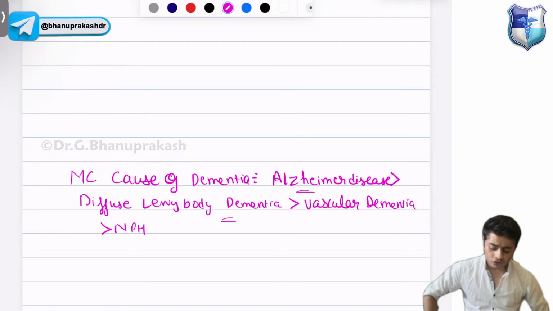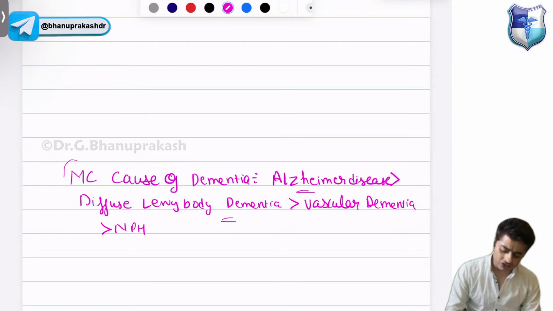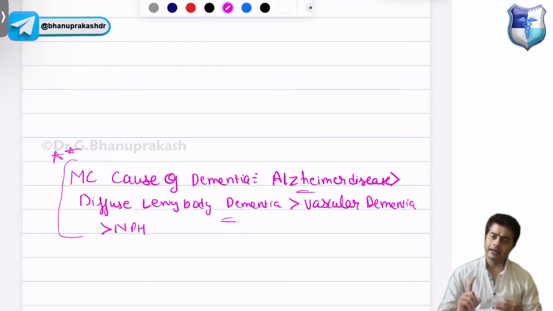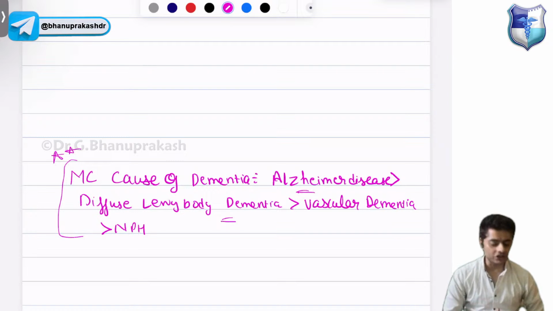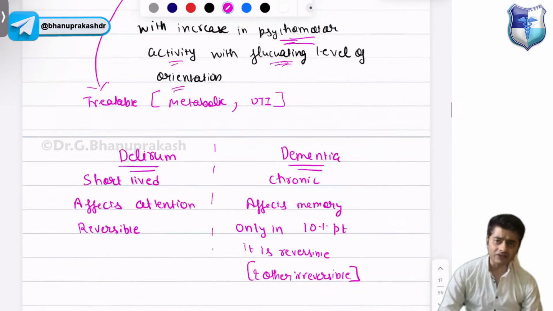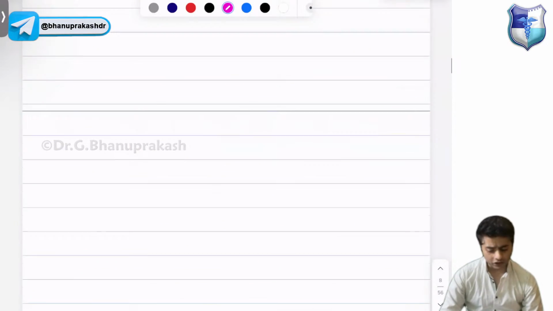Okay. So we will be taking our class tomorrow also. We will take a class tomorrow at 7 p.m. only. In that class, we will continue this section of dementia further. Okay, uncle, we will take it tomorrow.